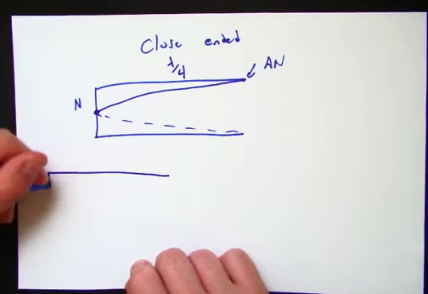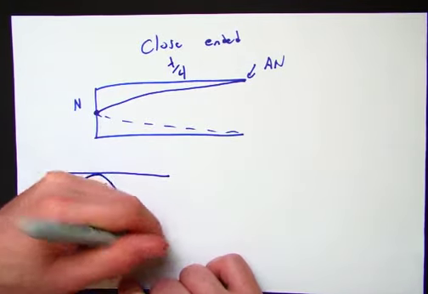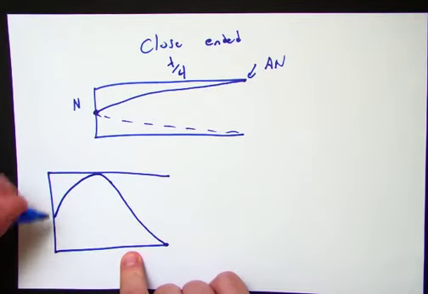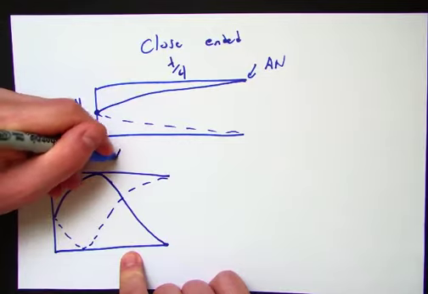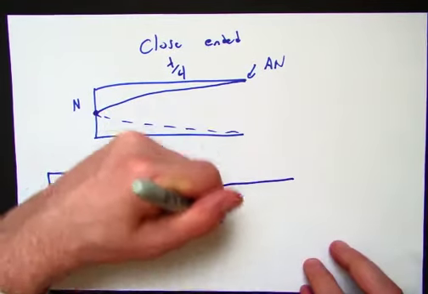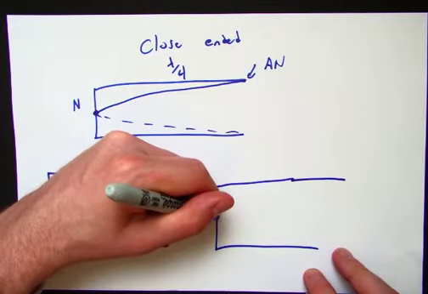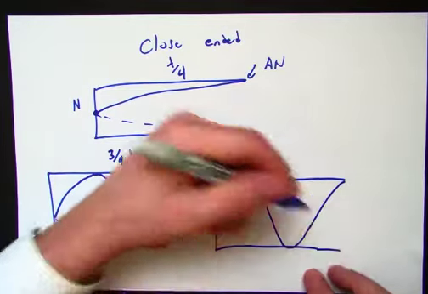The next one would look like this. Antinode. That was my original one, that's this one. But of course I have to go back to another antinode. And so in this one here, I actually have 3/4 of lambda. If I try one more, I'm going to start on a node, then antinode, node, antinode.